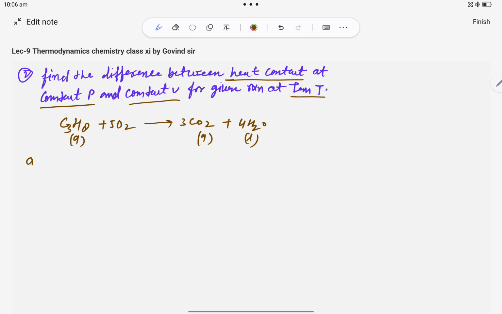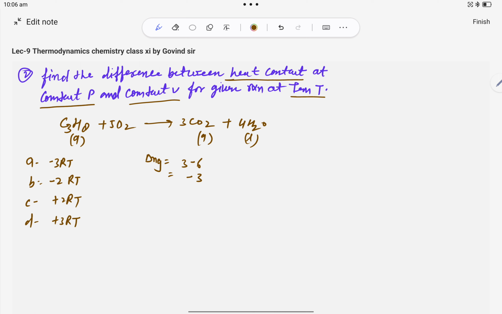Options are given: A is equal to minus 3RT, B is equal to minus 2RT, C is equal to plus 2RT, and D is equal to plus 3RT. So from here, what is delta Ng, children? Gaseous: 3 minus 5 plus 1, 6, is equal to minus 3.